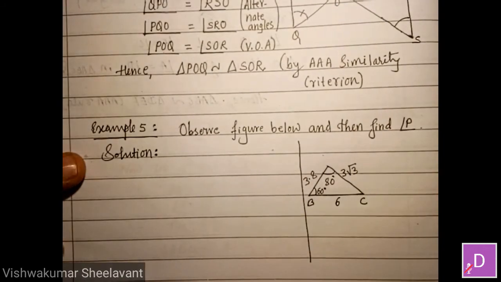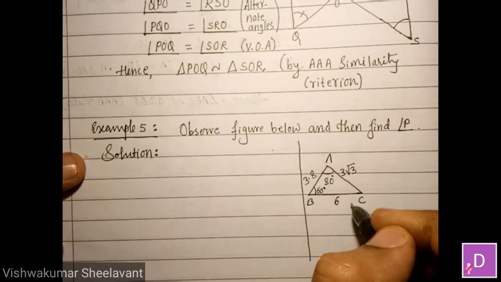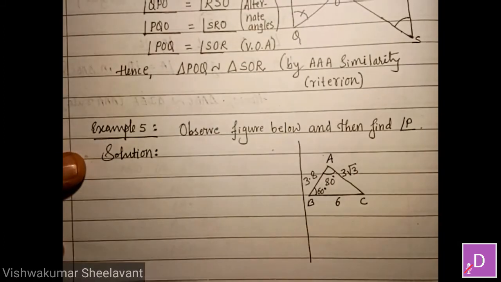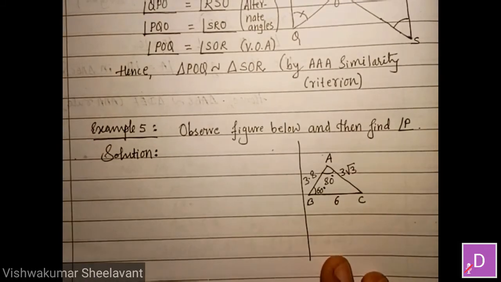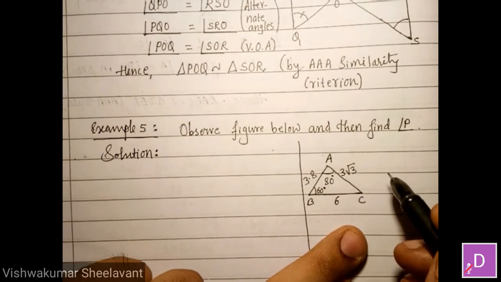B and C are the two vertices here, and A is the third vertex here. Another triangle is RPQ.